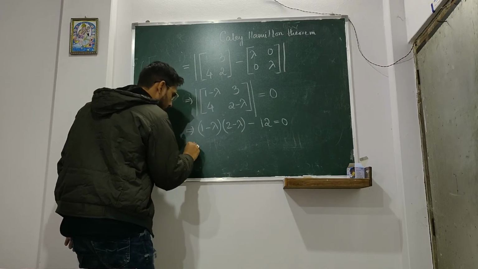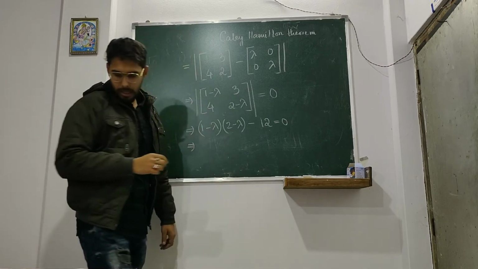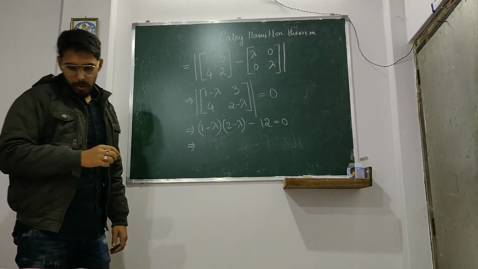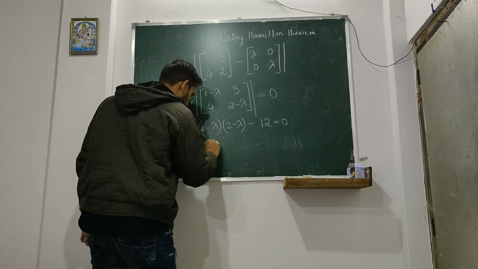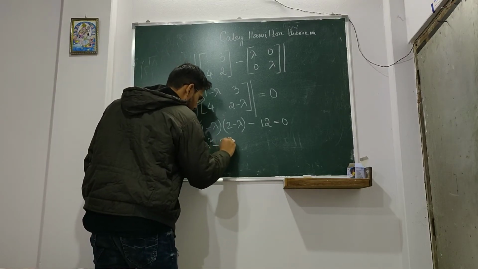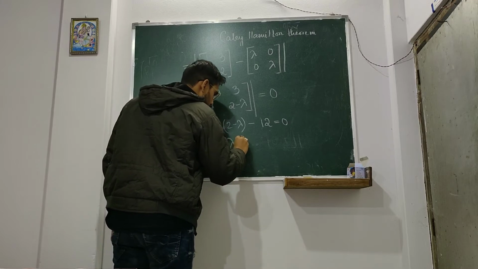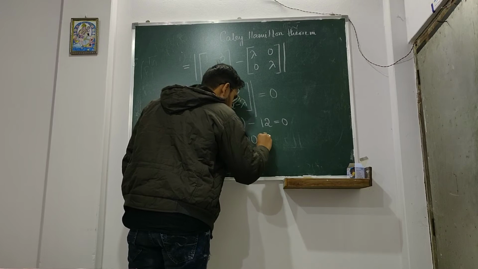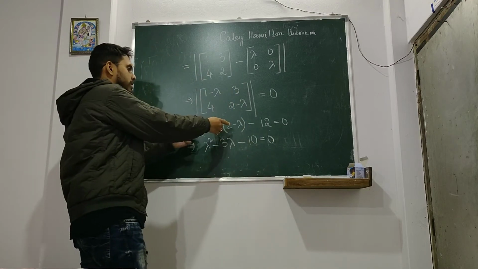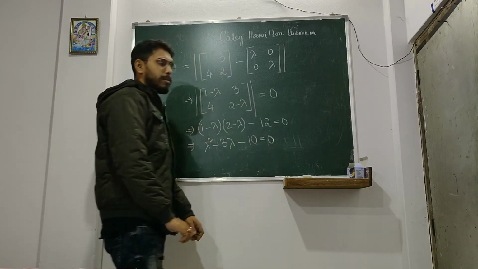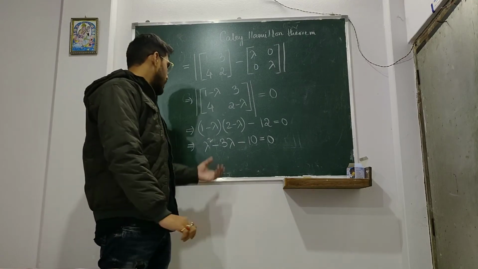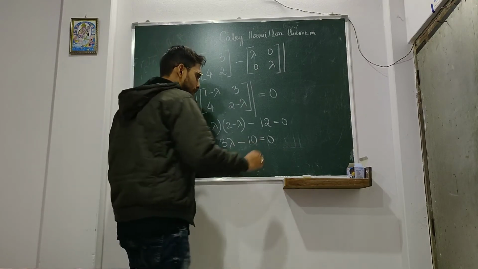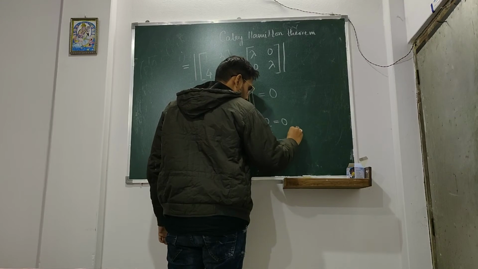So if we multiply it, finally the thing that we get will be lambda square minus 3 lambda minus 10 equals to 0. You just need to calculate and simplify this equation, and you get this value. So let me take it as equation number 1.